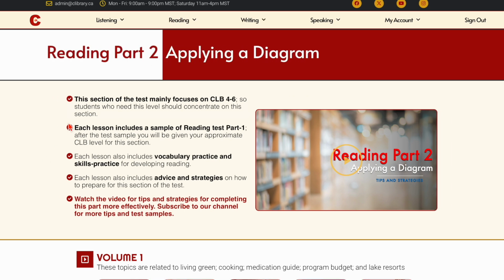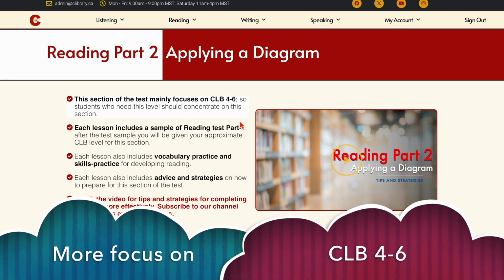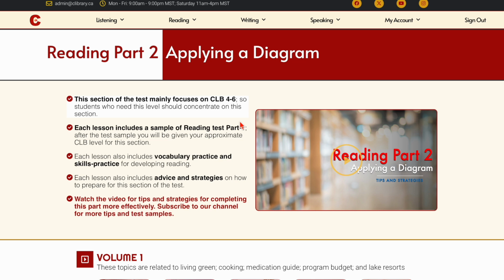Before we get started, I do want to remind you that Reading Part 2 focuses more on CLB 4 to 6. What does that mean? Well, it means that if you need to get 4 to 6, then you should do well in this part. What does well mean?